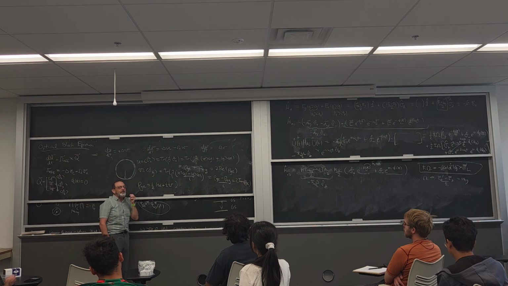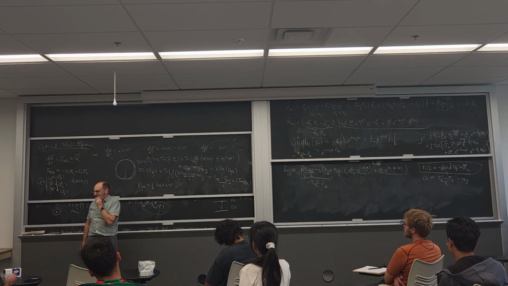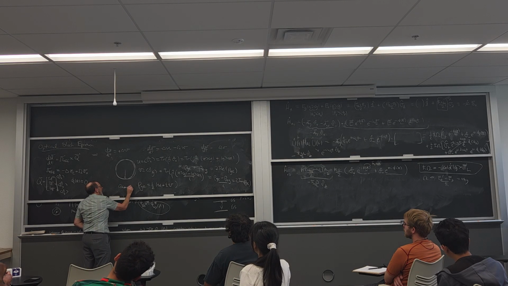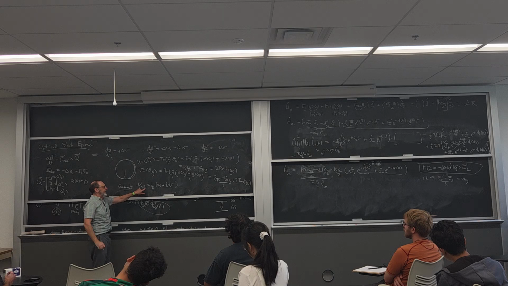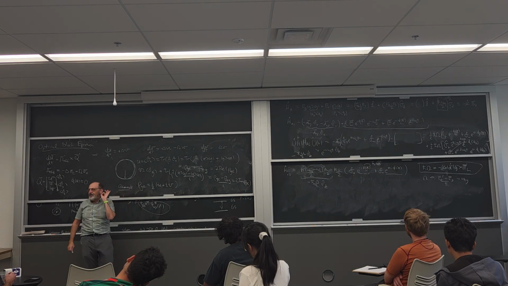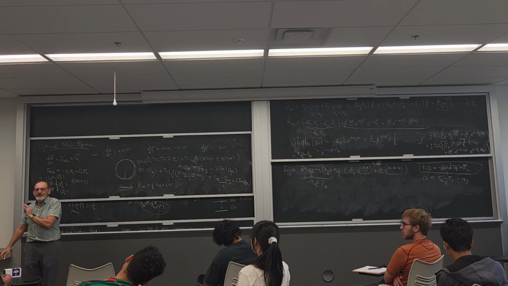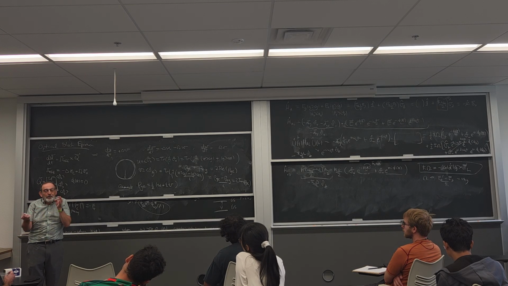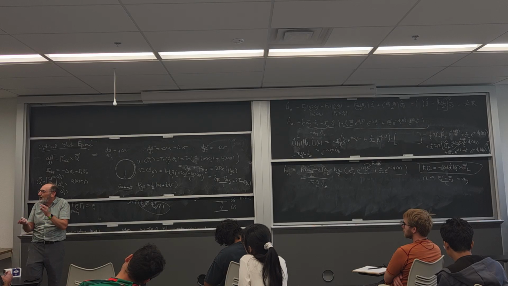Okay? So U and V are telling me something about coherence. How much coherence there is between these two states. Remember, the off-diagonal matrix elements of the density operator tell me about quantum superposition, whether I see interference.